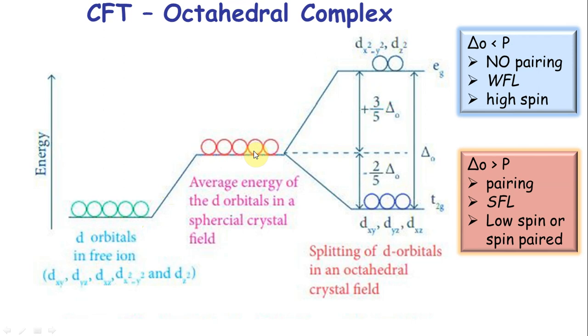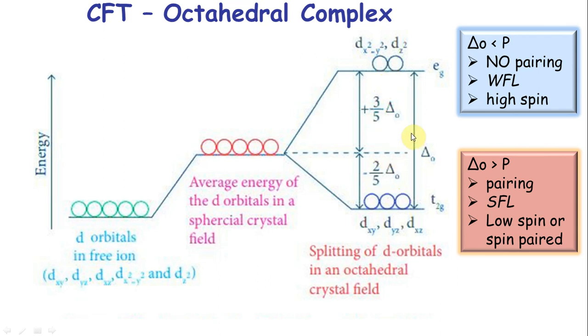Then some of them get stabilized more, some get destabilized even more, depending on whether the ligand is coming along the axis and repels them or coming between the lobes. Here for xy, the lobes are in between the x and y axes, but the ligand is coming along the x, y or z axis.